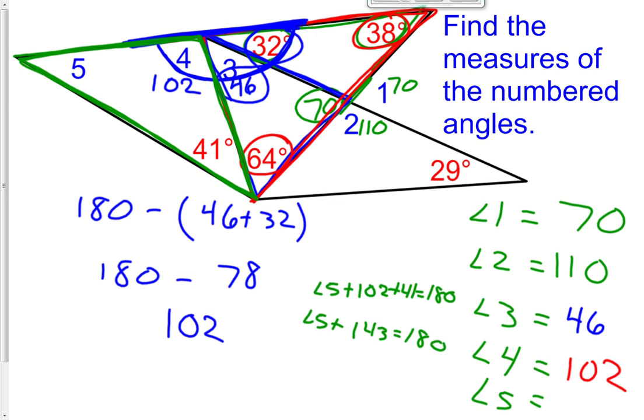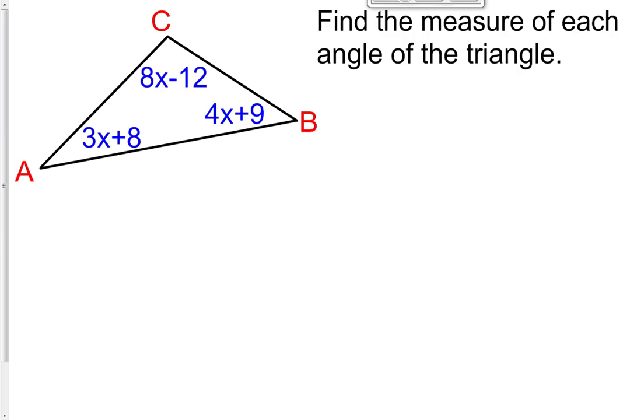So if we take 180 and subtract 143, we get angle 5 to be 37 degrees. Angle 5 is 37. So you kind of have to really walk your way around the triangles. One solution helps you find the other solution, which helps you go on to angle 2, 3, 4, and 5, of course.